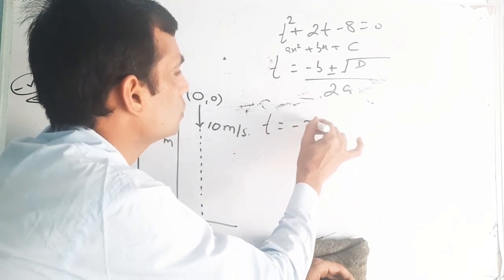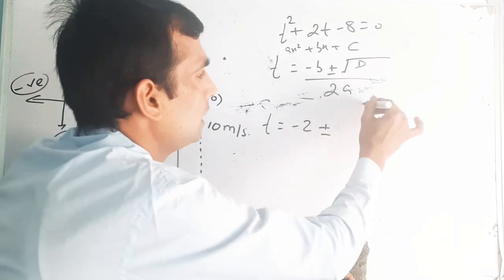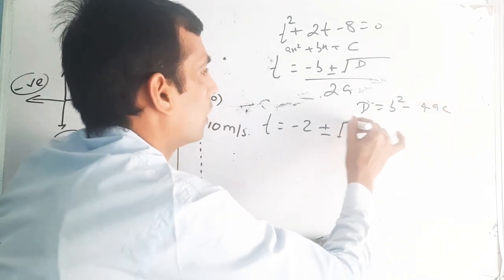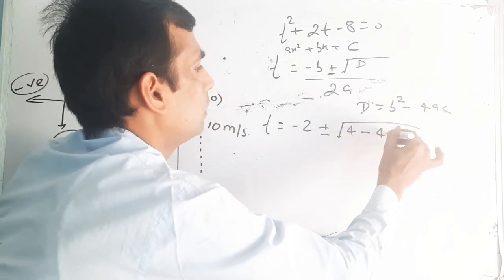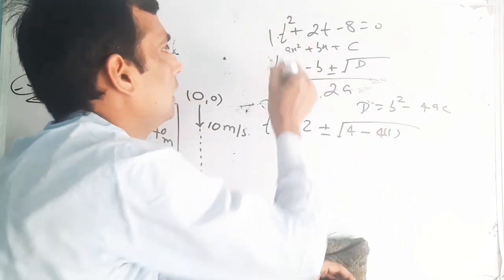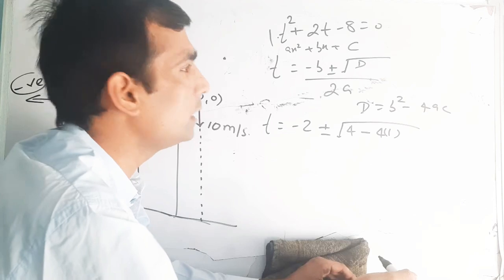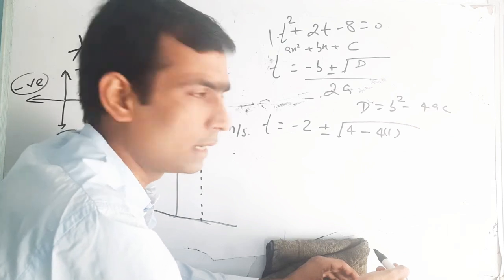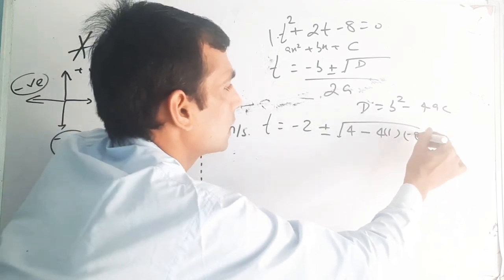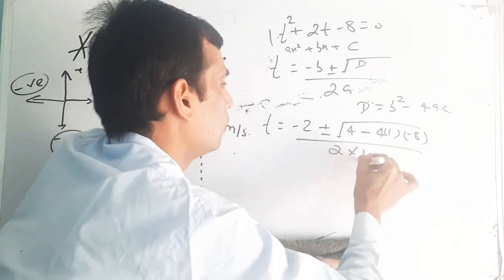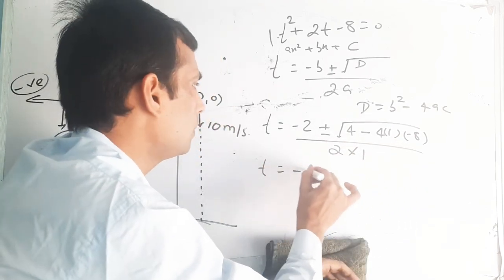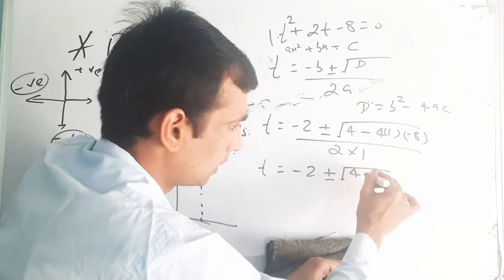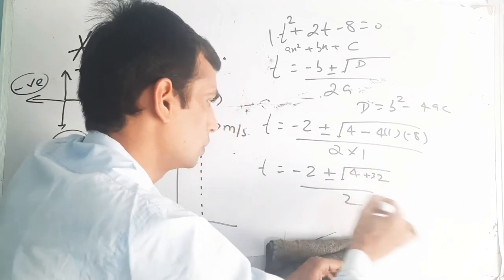So t equals minus 2 plus minus under root D, where D is b square minus 4ac. Here a is the coefficient of t square, b is the coefficient of t, and c is minus 8, upon 2 into 1. So t equals minus 2 plus minus under root of 4 and 4 eights are 32, the minus becomes positive, so 32 upon 2.